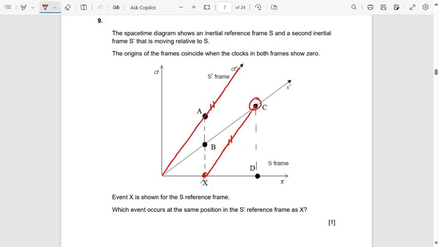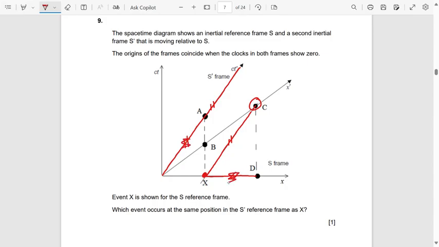If I was to try and go from X to B, we can see that this line and this line are not parallel. Okay, so that is not possible. They do not occur at the same position. Likewise with A. Again with X and D, if I was to go from X to D, this line and that line are not parallel.